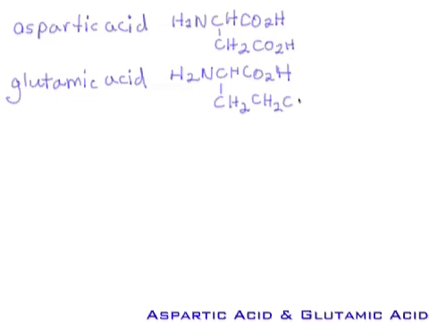And then our CO2H. Well, as I've already drawn and indicated, this carboxylic acid functional group on the side chain is weakly acidic. And as given by the names, these amino acids are acidic amino acids.